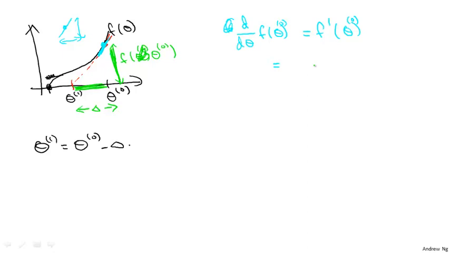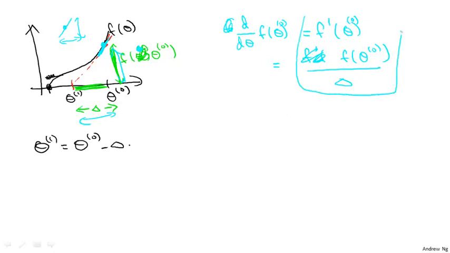And therefore f prime of theta 0 is equal to f of theta 0, this height, divided by delta, this horizontal width. If we take this equation and solve for delta, we get that delta is equal to f of theta 0 divided by f prime of theta 0.